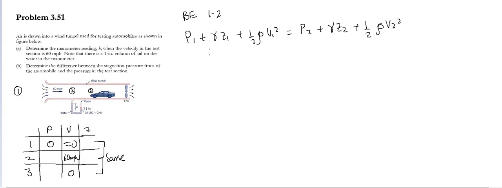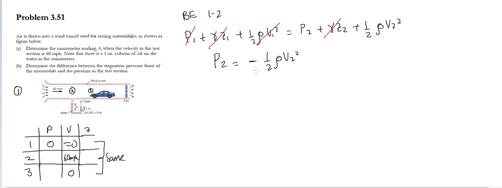From here, we're able to cancel the pressure at point 1, the velocity at point 1, and we also are able to cancel the 2 elevations since they are the same. And we solve for the value of the pressure. Pressure at point 2 is going to be negative 1/2 rho V2 squared.